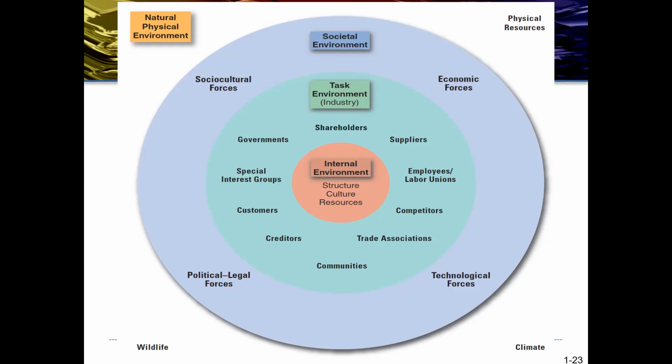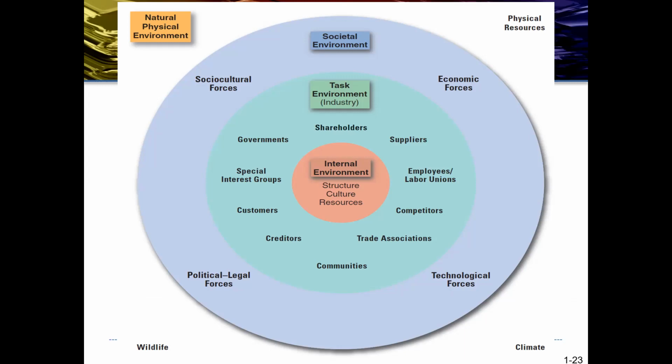Outside this societal environment circle, you can find some topics in the white part of the slide, which are the physical resources, the climate, the wildlife, and the natural and physical environment, which interact with all of them.